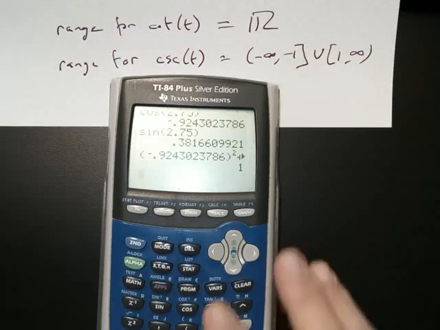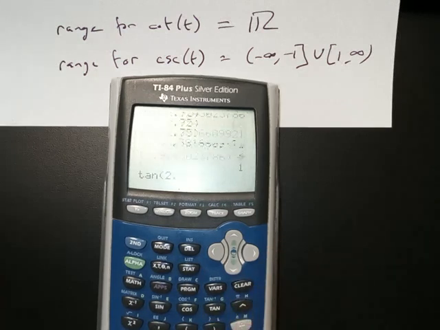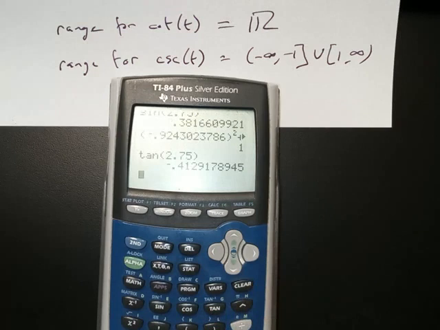And that means I can get the tangent of 2.75. We're in the second quadrant. Sine is positive, cosine and tangent are negative. How do I get secant? I'm looking at my buttons, I don't see a secant button. 1 over cosine.